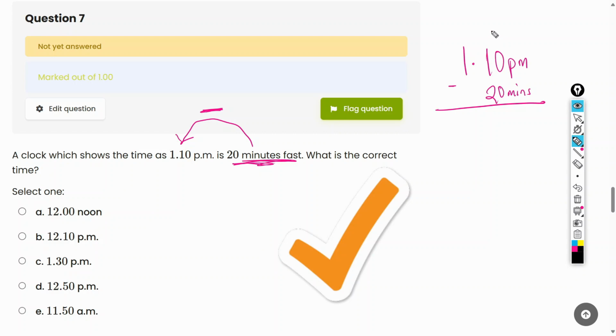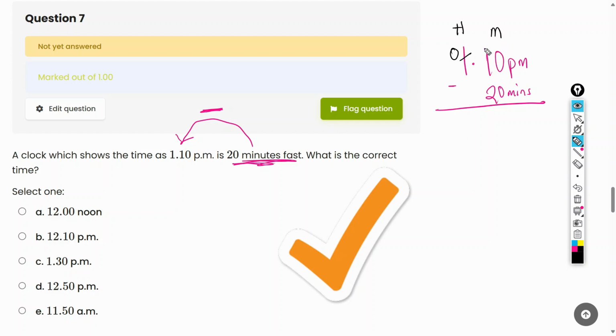Now, this is our minutes, this is our hours, because 10 minutes minus 20 minutes wouldn't work. So we come here and we take away 1, and this will be 0. So we carry 1. Now, when you're carrying over hours to minutes, it changes to 60 minutes. So 1 hour becomes 60 minutes.